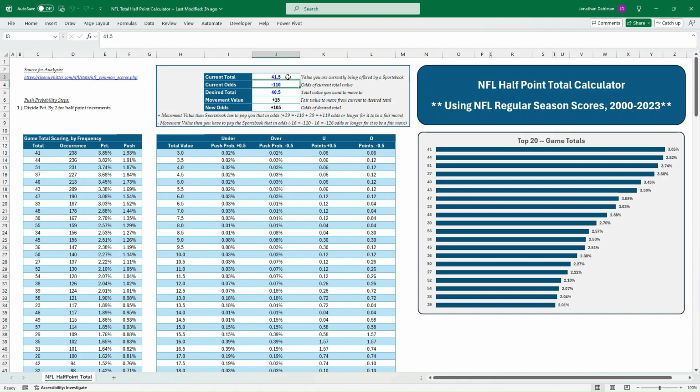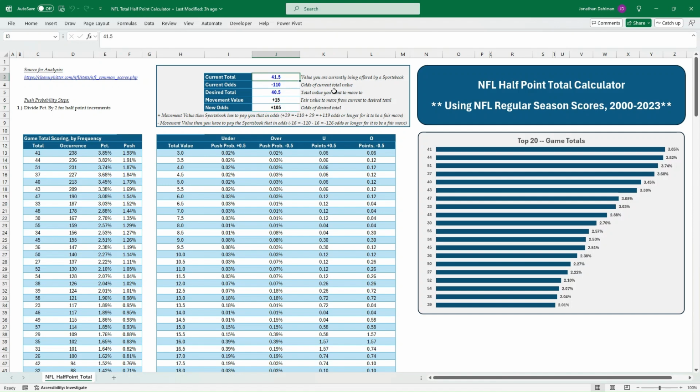You can see here the calculator says it's worth 15 points. So the new desired odds would be plus 105. You need odds that are longer than 105: 105, 106, plus 107, 108, and so on, for that to be a fair movement.